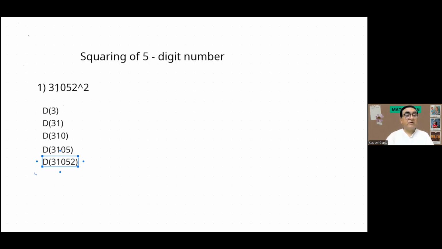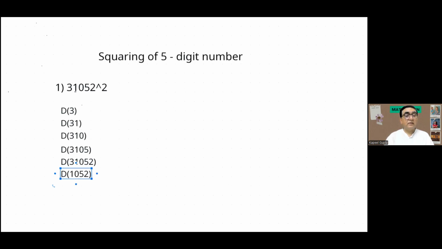Then moving further, D1052. Then next comes D052. I hope you are understanding the concept. Then comes D52.